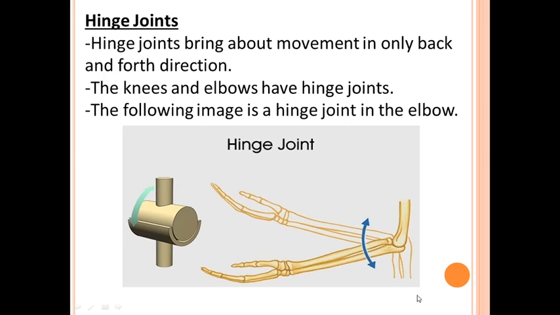In the following image you can see the elbow bones, this bone and this bone, join together. Check by moving your knees back and forth. Can you move your lower limb? Can you move your elbows back and forth?